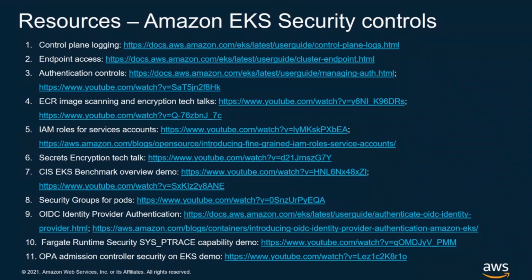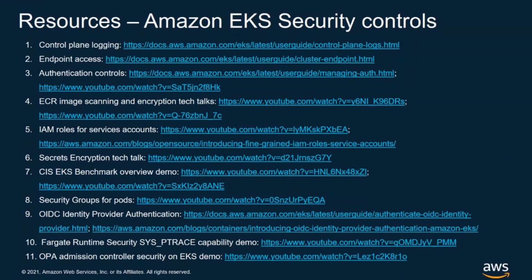To cover the Amazon EKS security controls, we have deep dive guidance around each of these topics. Rather than cover each of them in this presentation, given its scope, I have listed them in this slide so you can deep dive into them.